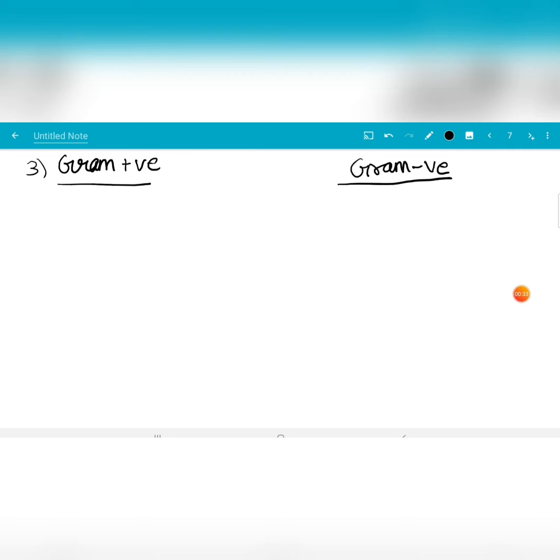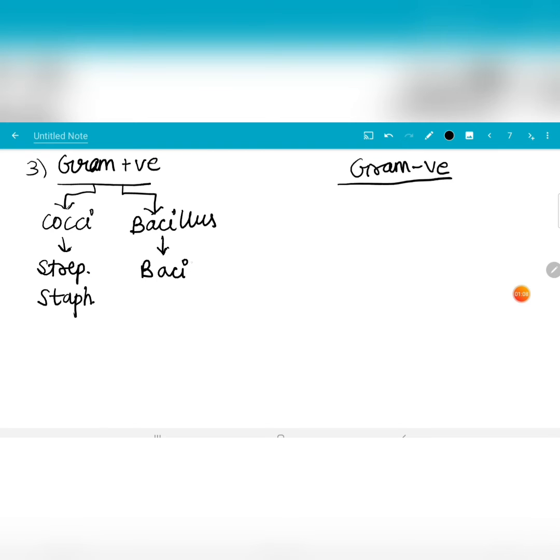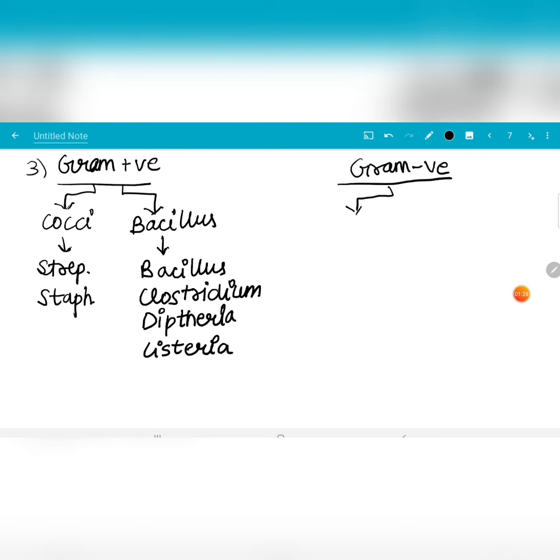As I already told, penicillins are narrow spectrum. They act on gram positive cocci and gram positive bacilli. Cocci include streptococcus and staphylococcus, and bacilli include bacillus, clostridium, diphtheria, listeria, etc. In gram negative, it also includes cocci and bacilli.